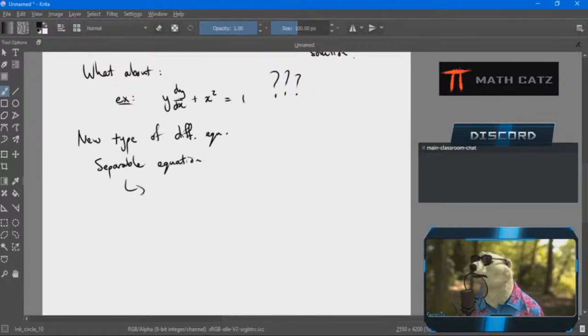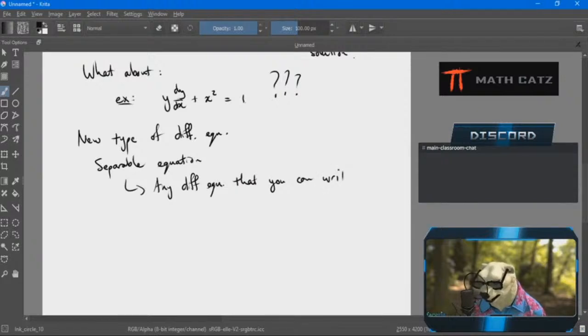And it's going to be any differential equation that you can write in the form dy/dx.